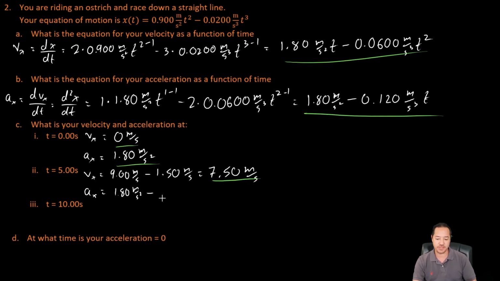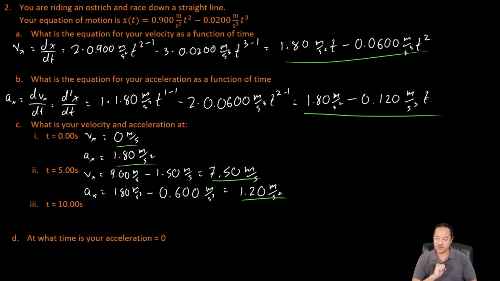Yeah, okay, minus 0.600 meters per second squared. And we can do this math. This is going to give us 1.2 meters per second squared. Oh, sorry, significant figures, 1.20 meters per second squared. Okay, so that's going to be our acceleration here at t equals 5 seconds.